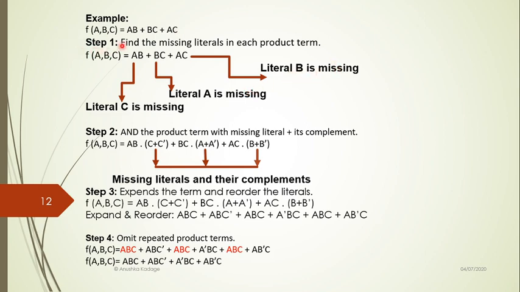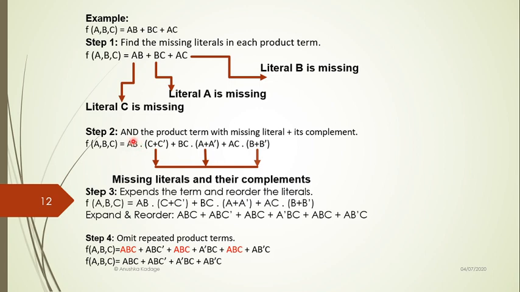So as per our first step, we have found out which literal is missing in each individual term. Then in the second step, we replace the ORing of the missing literal and its complement, ANDed with the original terms that are present.